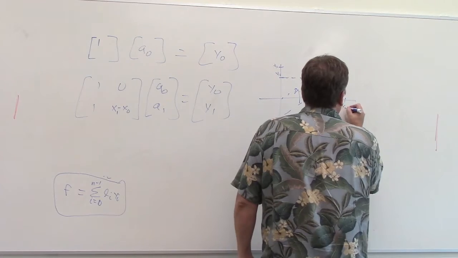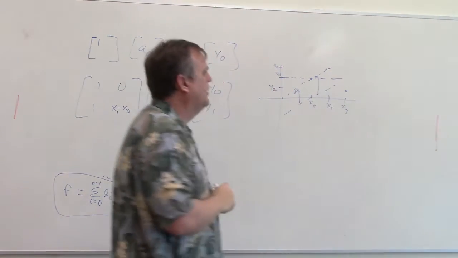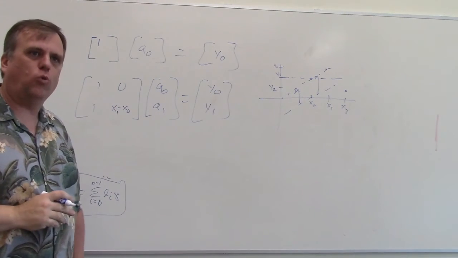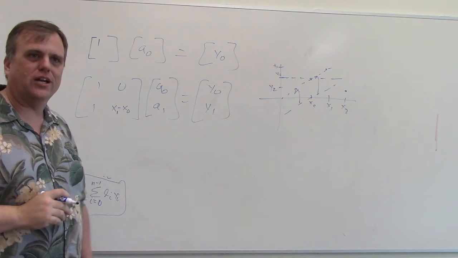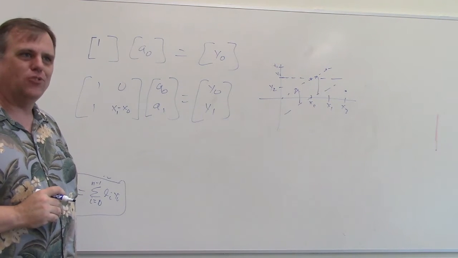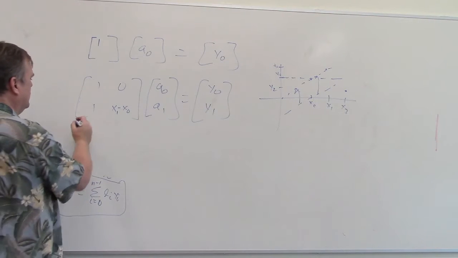Another point comes in. I realize, oh my goodness, it's a quadratic. But I don't want to recalculate everything I've already done. I would like to just add in my extra new function.